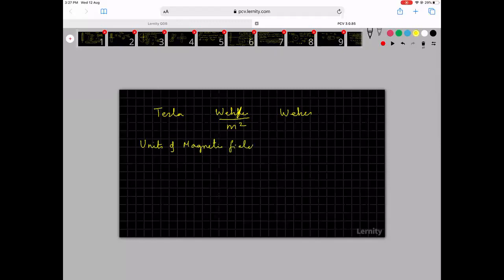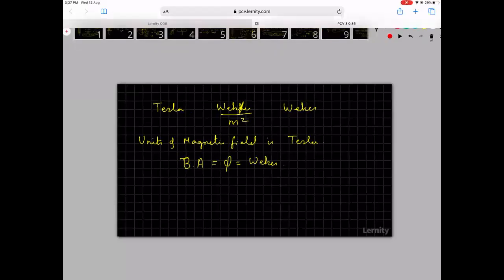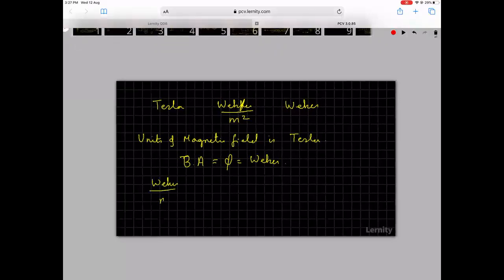Magnetic field is in Tesla. Now B into area is flux. The unit of flux is Weber. So Weber per meter squared is equal to Tesla. This is how this can also be a unit of magnetic field.